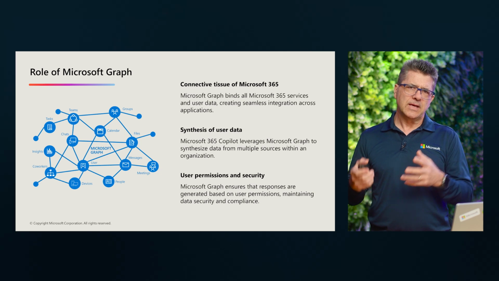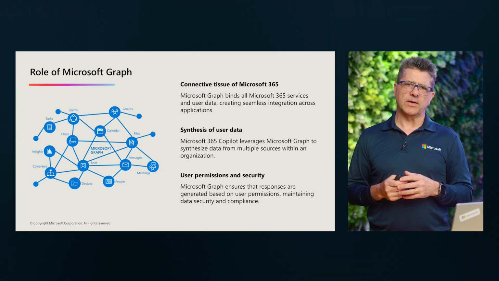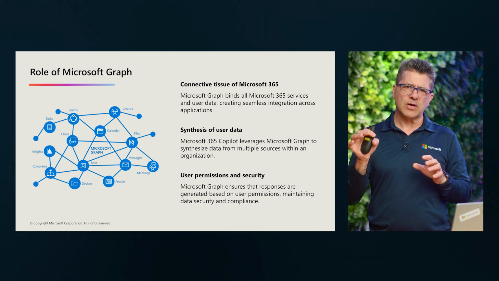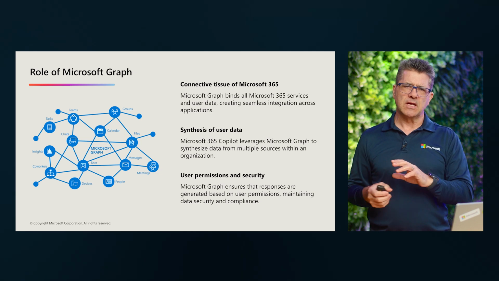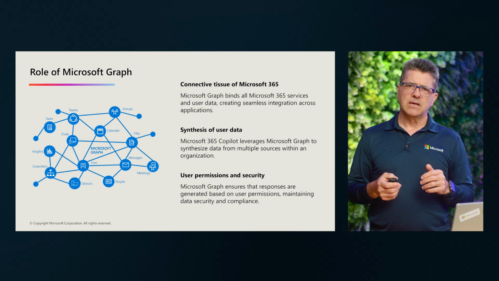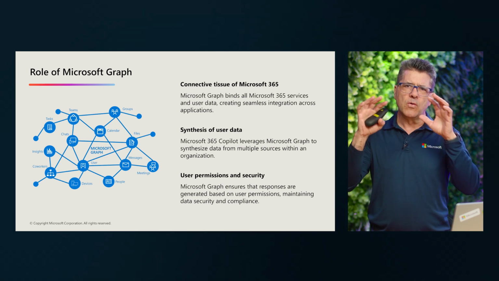So Graph is this connecting tissue that puts all of these pieces together. It knows about my calendar, my documents, my teams, my meetings, my workflows, my organization hierarchy. And when I ground Copilot on my Graph, it knows about this.